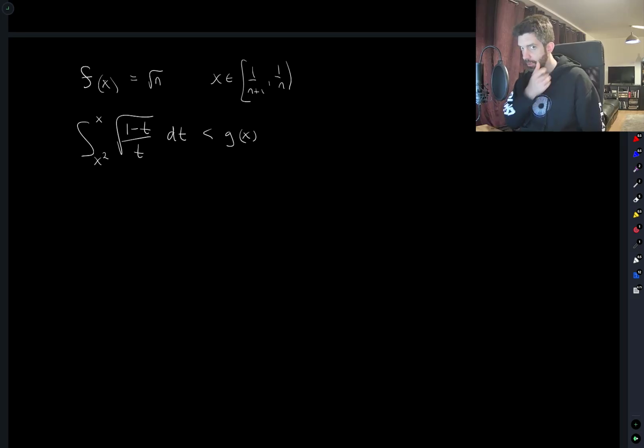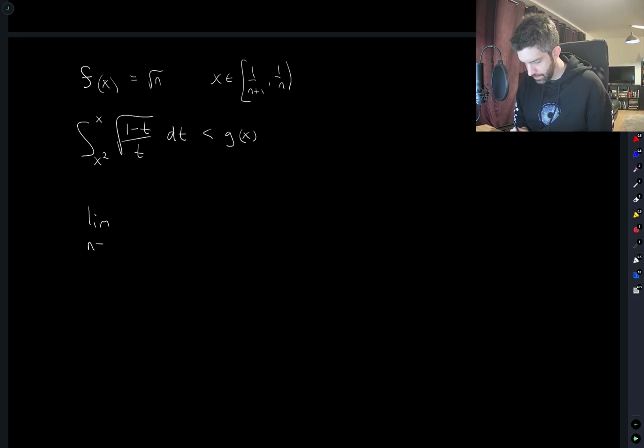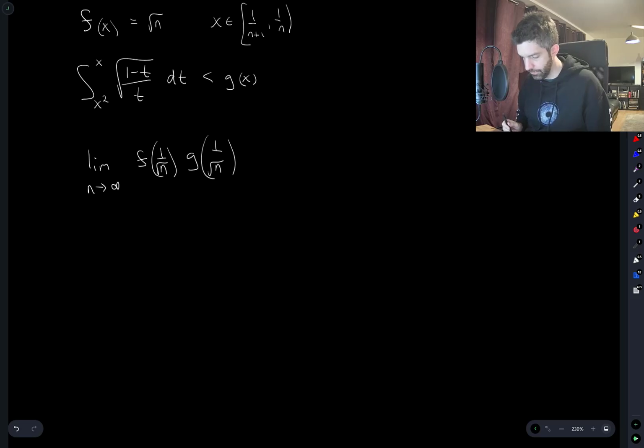Again, the 2 root x, I've used that as much as I think is possible. So this is going to be the same as the limit as n approaches infinity of n f of 1 over root n times g of 1 over root n. And let's see what this turns into.